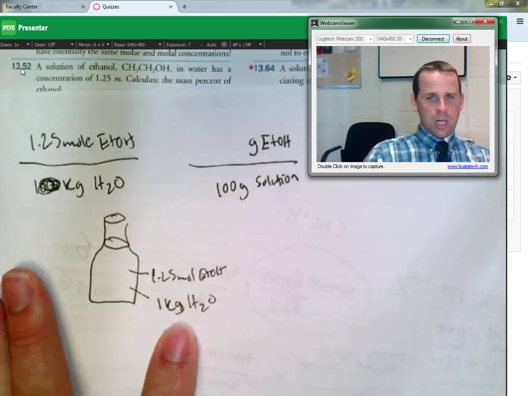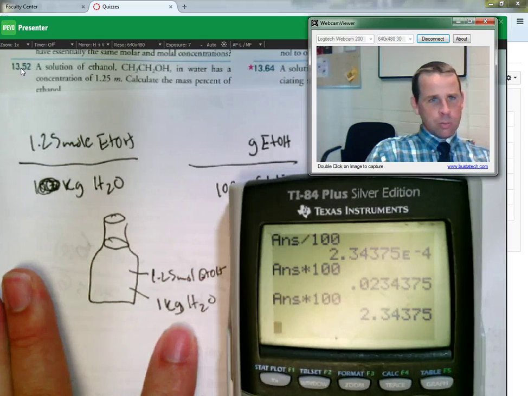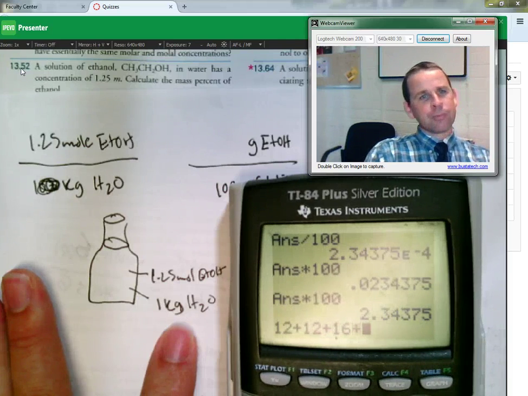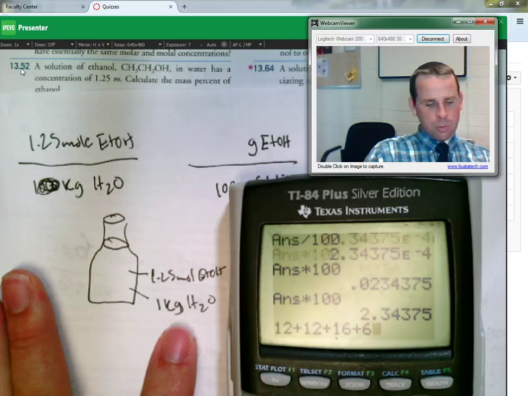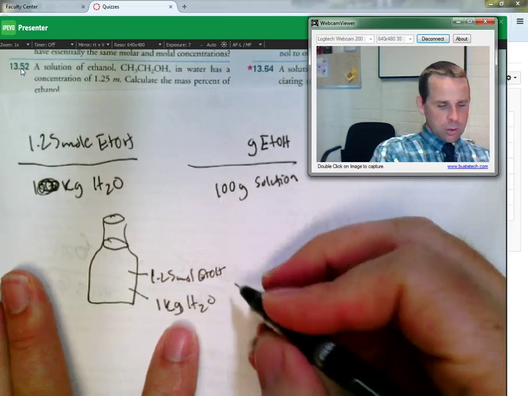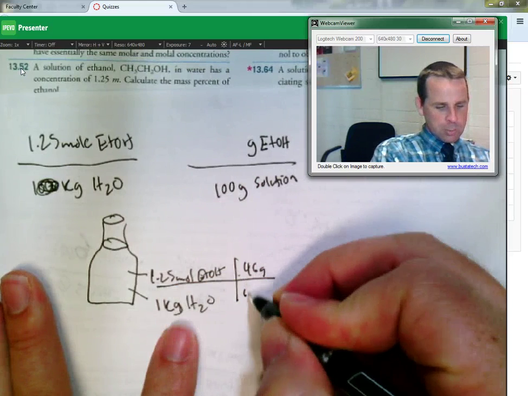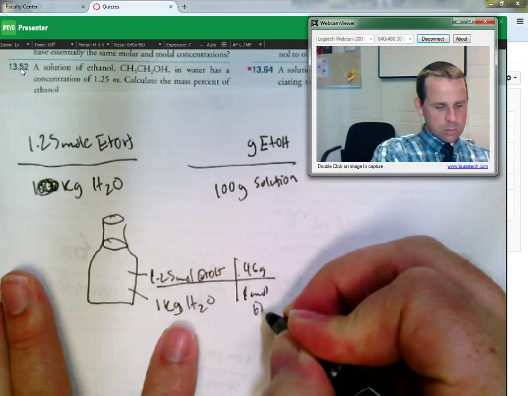Now, how many grams of ethanol is that? Well, ethanol has a molar mass of what? That's 12 for the one carbon, 12 for the second carbon, 16 for the oxygen, and then 3, 4, 5, 6 for the hydrogens. So we got 46 grams for every 1 mole of ethanol.